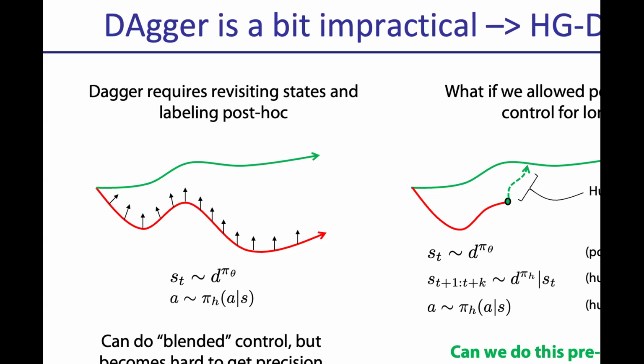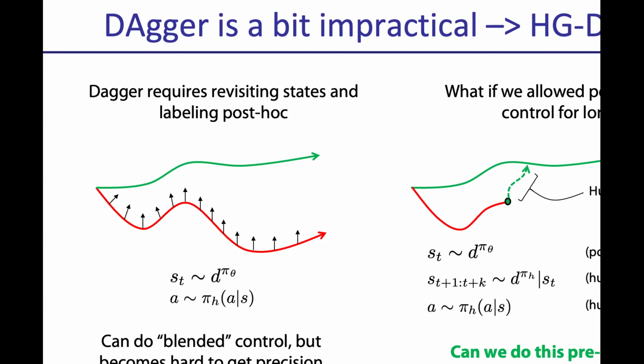Can you repeat that? Why is it pi theta here, if not, when the human provides that action, which is the human intervention? Whereas in the normal Dagger case... So pi theta is your learner, not your human, right?